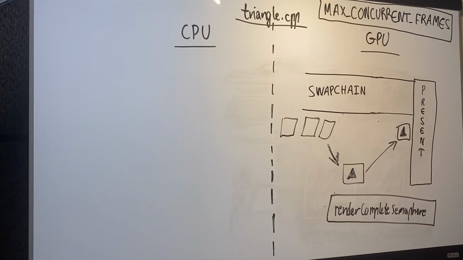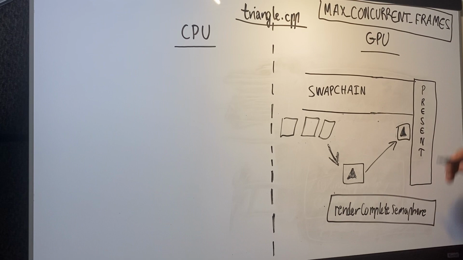So that's the render complete semaphore, okay? Now the present piece of the equation has another semaphore called the present complete semaphore. Okay, so this guy, I'll just do it up here.